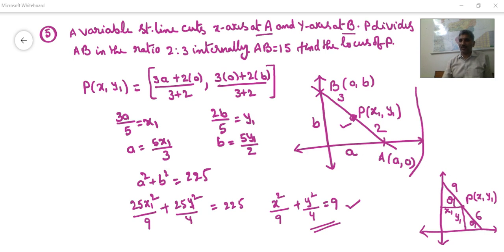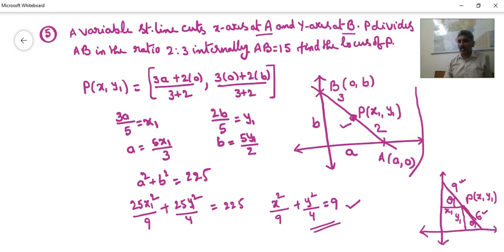You see, the same question we can do in another way. This point P (x1, y1) locus we have to find out, because the total AB length is given as 15. That's why this is 6 plus 9. 6 plus 9 we are getting 15, because the point P divides in the ratio 2:3. 3 2s are 6, 3 3s are 9.